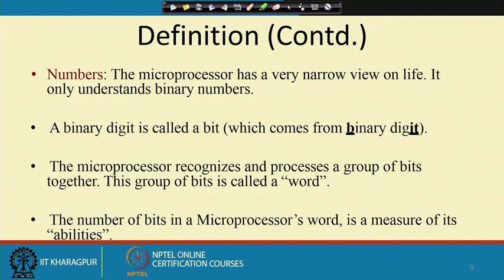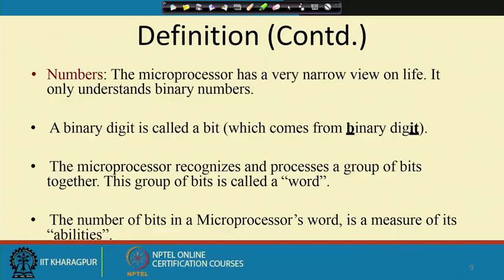The microprocessor only understands binary numbers, only zeros and ones, not octal or hexadecimal, though for our own understanding we often represent binary numbers using octal and hexadecimal notations. Inside the processor it is always the binary number system that works.